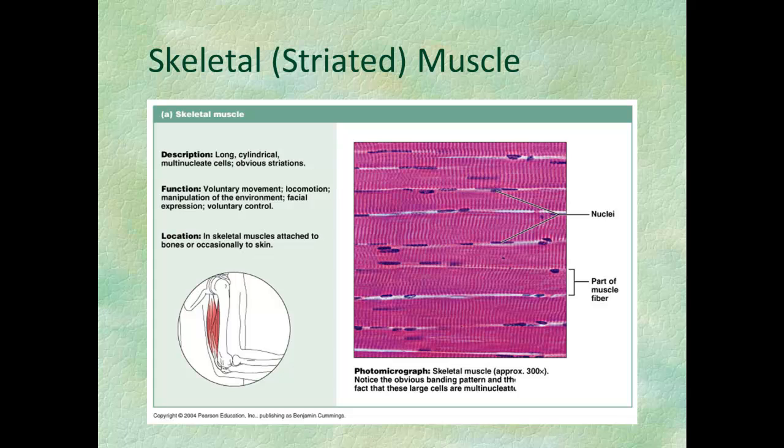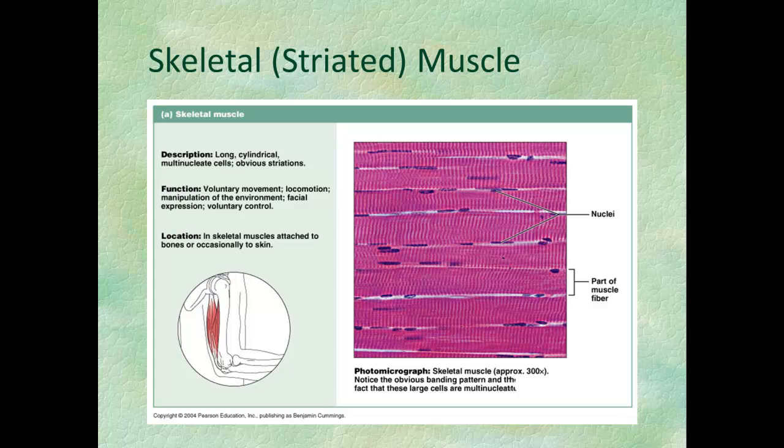So you may hear the terms muscle cell and muscle fiber. Those are often used interchangeably. In the case of skeletal muscle, there are stripes. The muscle cells are striped or striated, which is why we often refer to it as striated muscle. These striations are created as a result of the protein filaments overlapping inside the muscle cells.